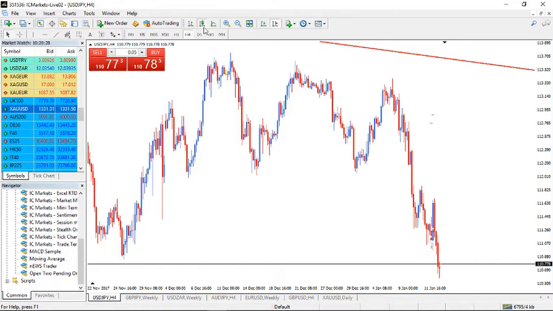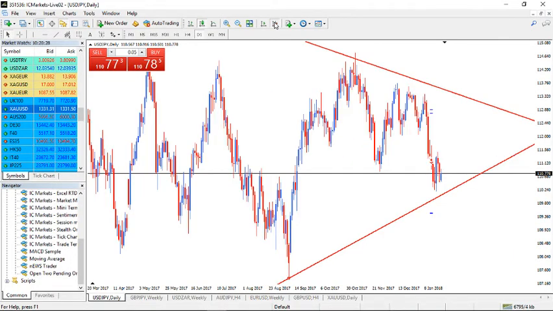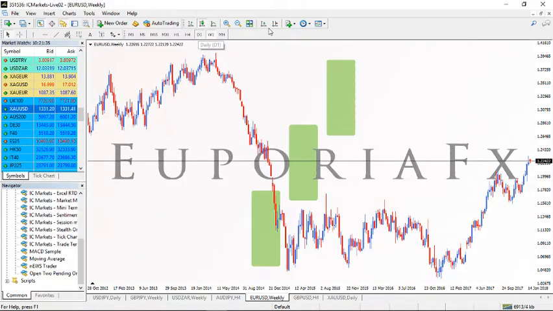So USD JPY, let's look at what's happening here. As you know, over the weekend we just had the government shutdown in the US. But looking at the markets, it's not really affecting the dollar negatively. So I guess that wasn't a bad thing after all for the dollar. Or maybe it's because the dollar has been falling for such a long time. If you look over the dollar pairs, against the euro, the dollar has been strong today.